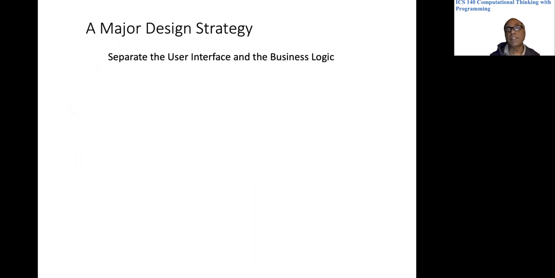One major design strategy that we have in this design is to separate the user interface and the business logic.